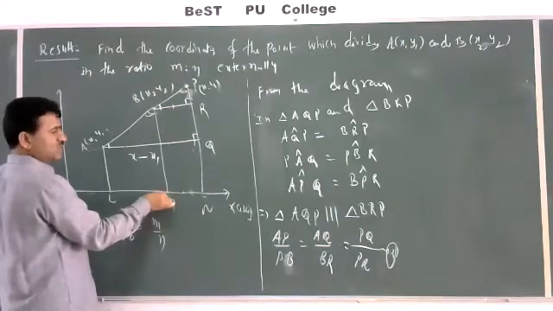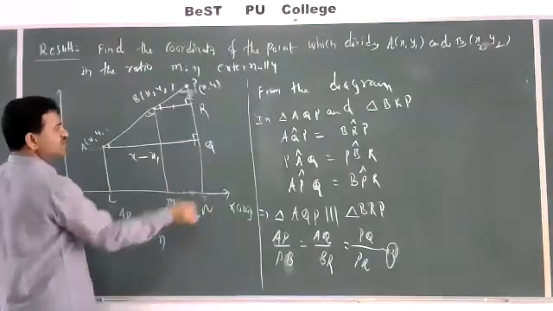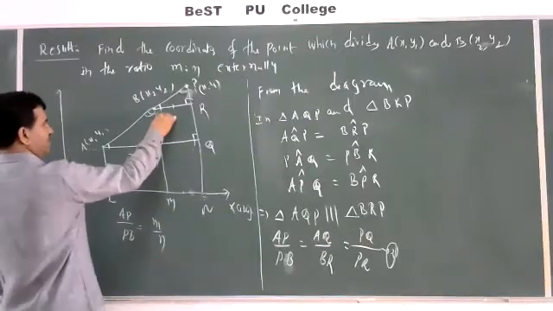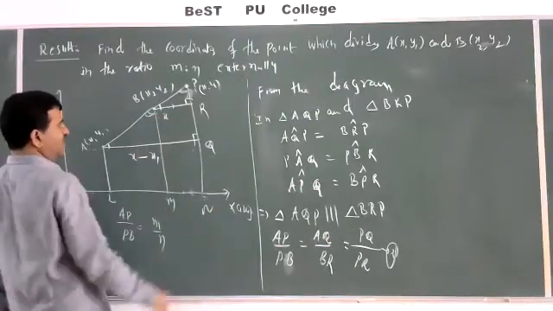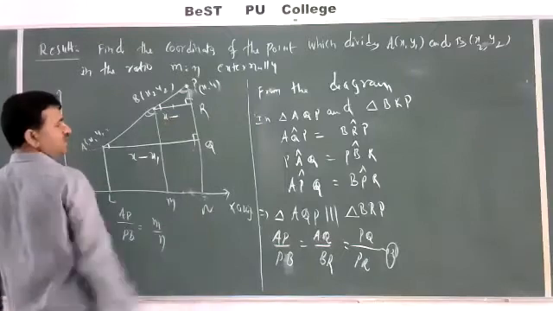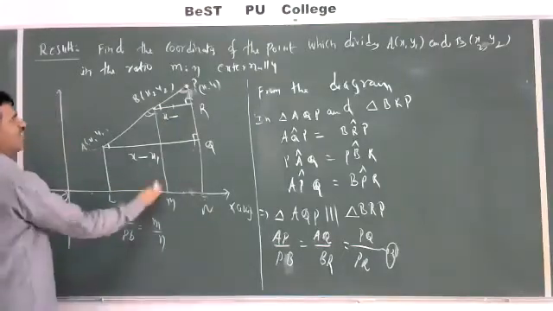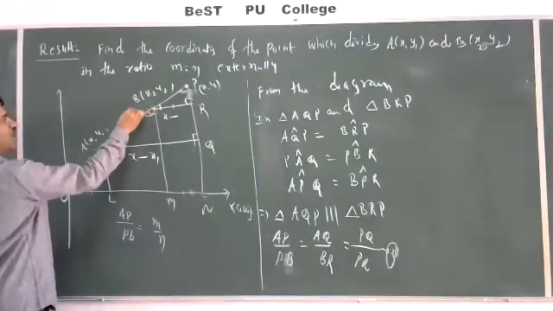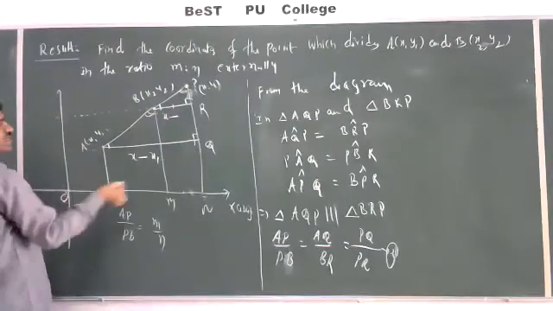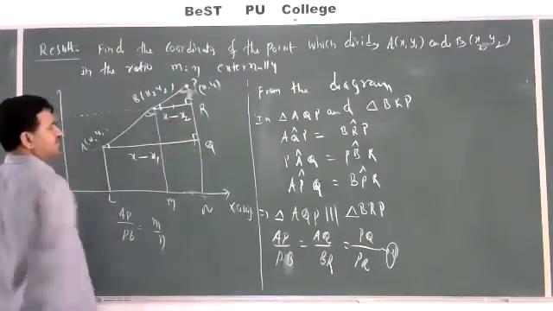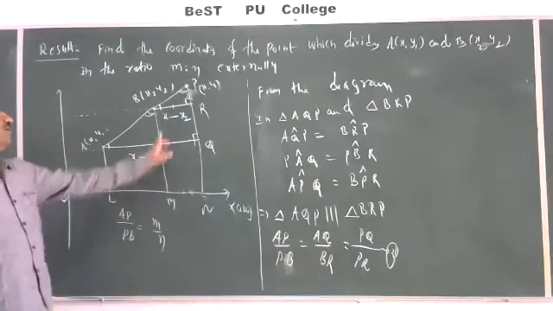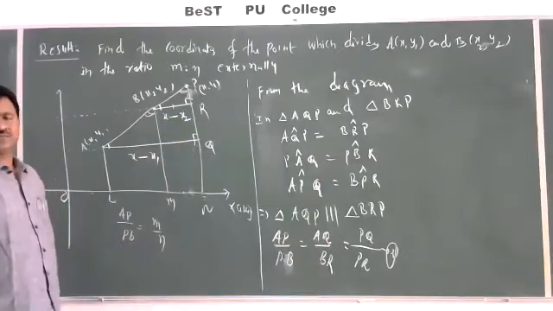Is it clear? So ON value once again, what is ON value? X. ON minus, what is OM value? Perpendicular distance of the point from the y-axis, that is nothing but x2. So BR value is x minus x2.